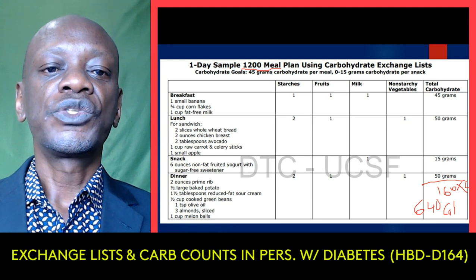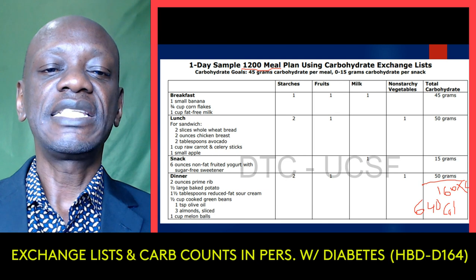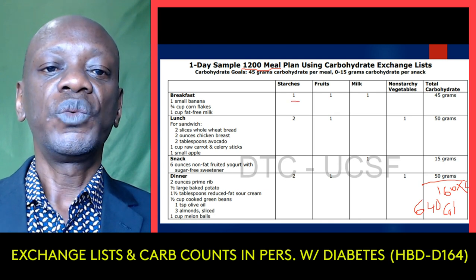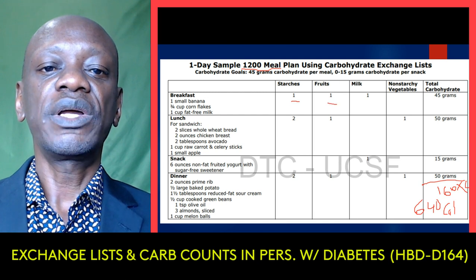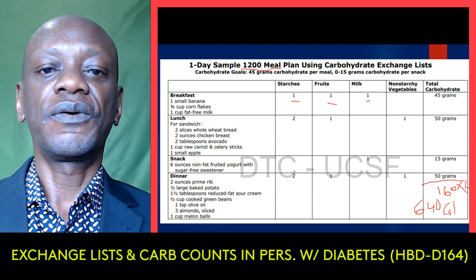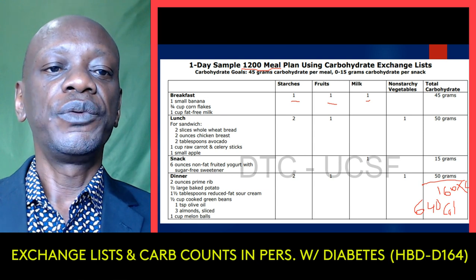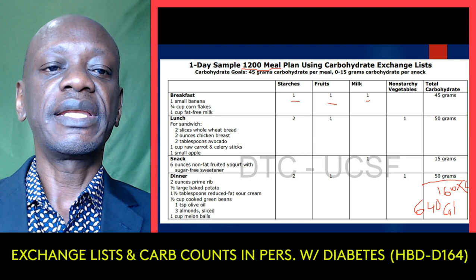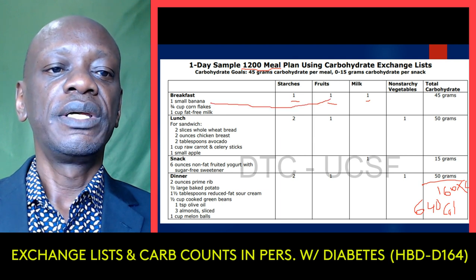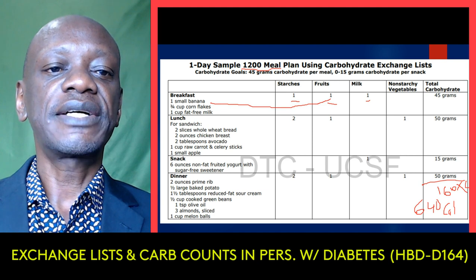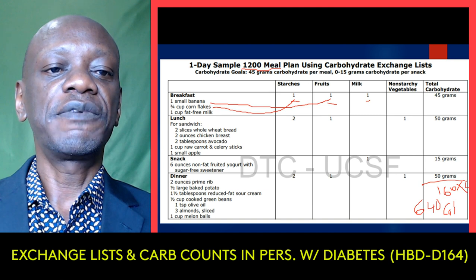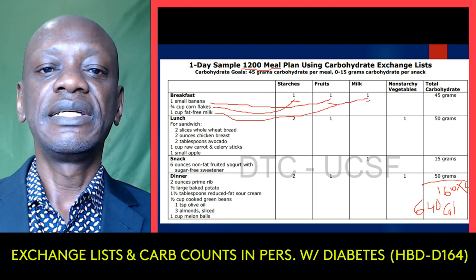So remember we said 1 carbohydrate exchange is 15 grams. For breakfast here, we have 1 starch, we have 1 fruit, and we have 1 carbohydrate exchange for milk. Now, this small banana is a fruit, 15 grams. 3/4 cup of cornflakes is giving us the starch, 1 carbohydrate serving, and then the cup of fat-free milk is giving us 1 exchange, 15 grams.